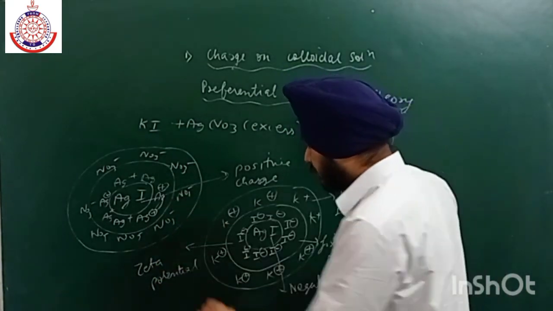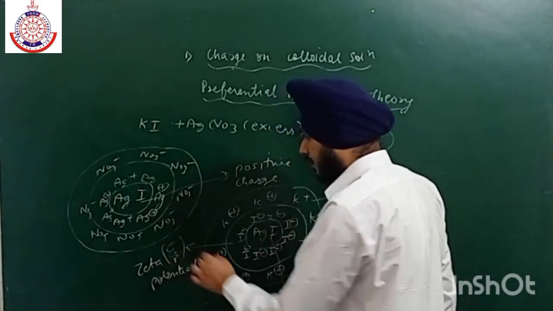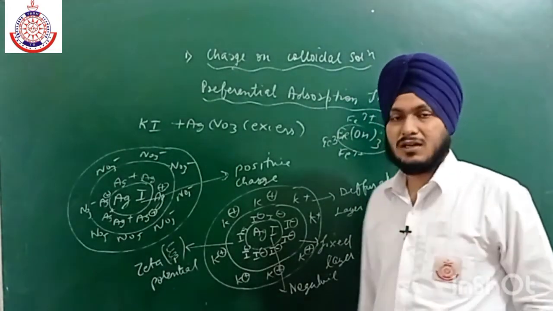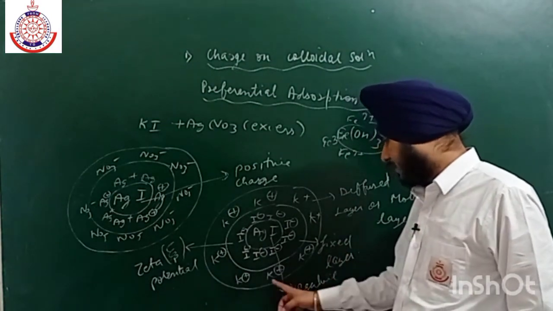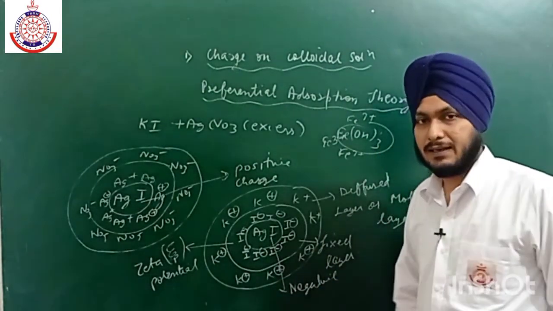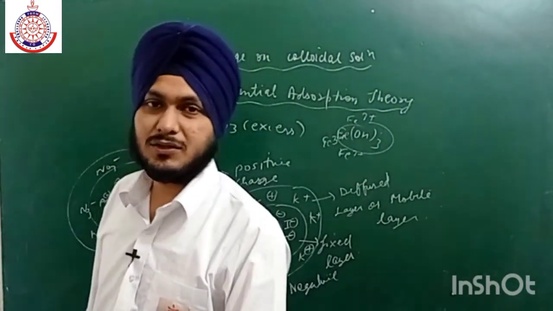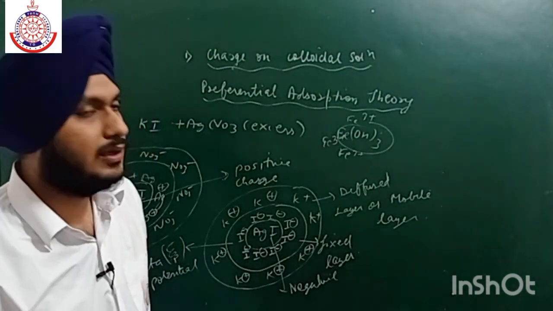You have to draw it like this, Xi. So zeta potential is produced by the separation of the fixed layer from the diffused or the mobile layer. The potential generated between the fixed and diffused layer due to the potential difference is known as zeta potential.